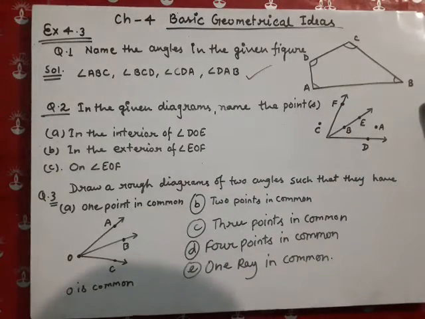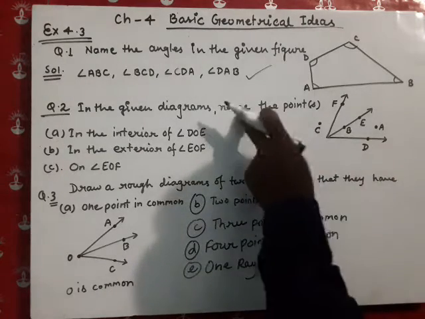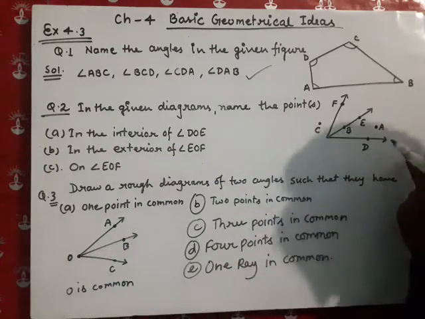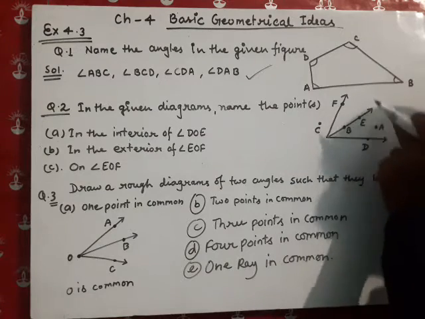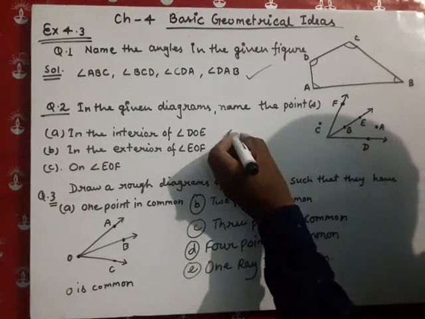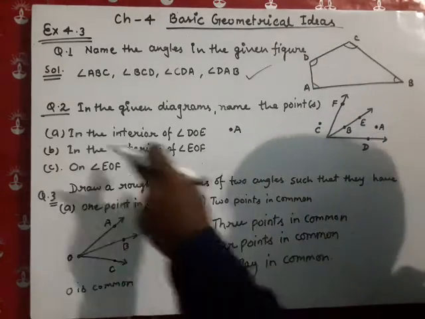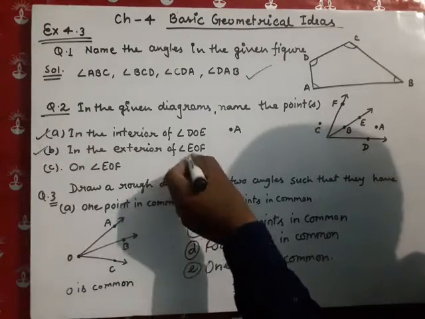Now going to question number 2. In the given diagram, name the points. First, in the interior of angle DOE. Here the angle DOE is given, and the interior point is point A. Now for point B, in the exterior of EOF.